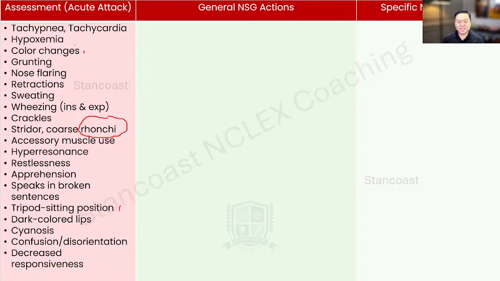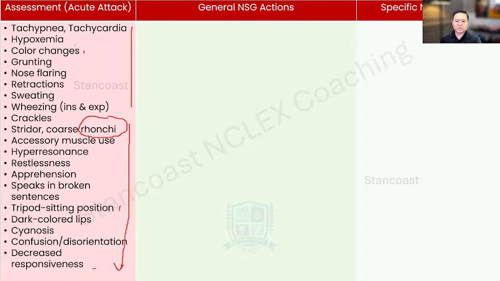Or it could be the discoloration of their lips, cyanotic lips, or cyanosis around their lips. They get confused, more disoriented, and they will end up being less responsive. So guys, I have designed the sequence of these manifestations from less severe to more severe towards the end.